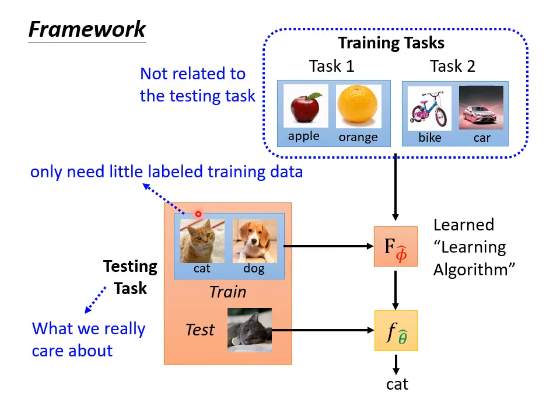This is why you usually hear that meta-learning can achieve few-shot learning. This is because, with the training tasks, we can find a good algorithm, and a good algorithm can find a good classifier with only a few training examples. So this is the whole framework of meta-learning.